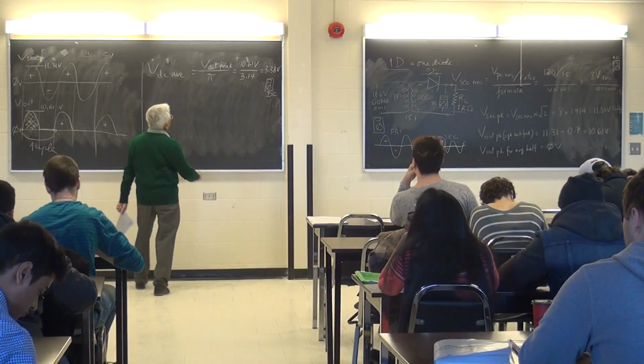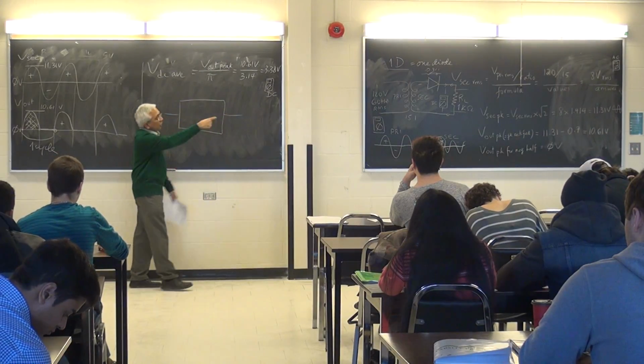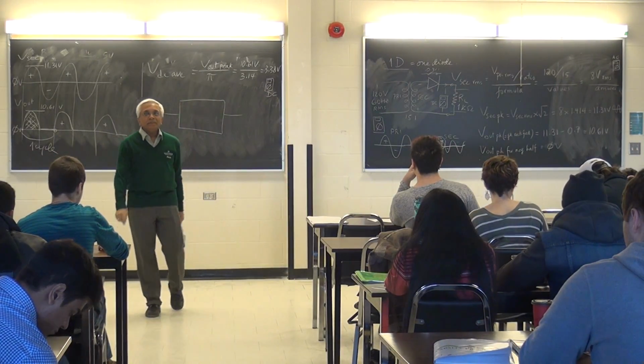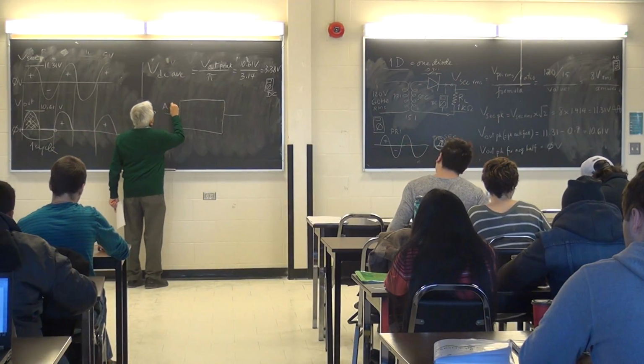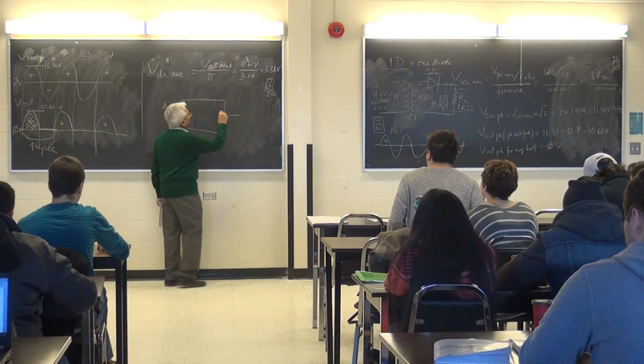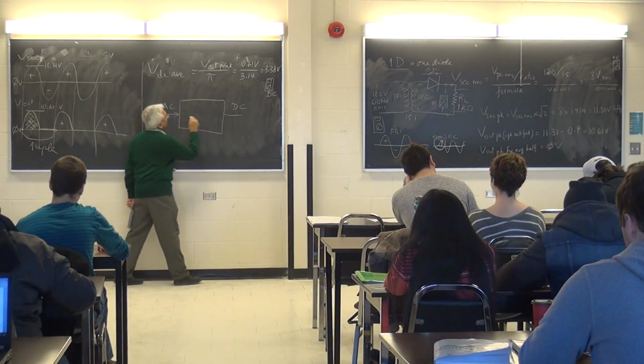So what we just did here is this. Watch. If I was to show this as a block diagram, I've got AC coming in and DC coming out. Do you see that?